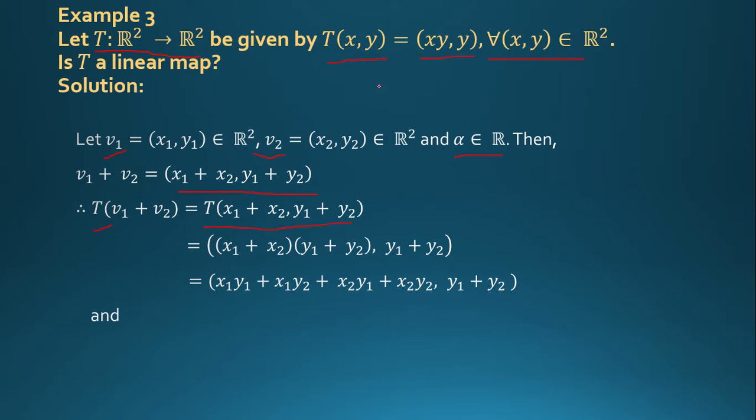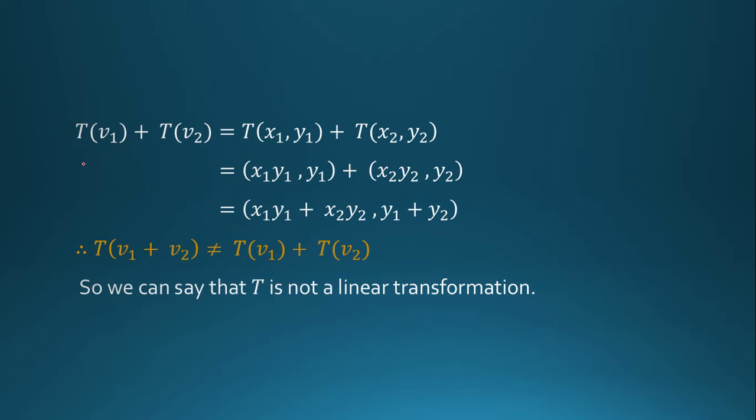Now the definition given, T of (x, y) is equal to the first component is the multiplication and the second component is y. So (x1 plus x2) into (y1 plus y2), and y1 plus y2. So simplifying this, we get (x1 y1 plus x1 y2 plus x2 y1 plus x2 y2, y1 plus y2). And now we find T of v1 plus T of v2.